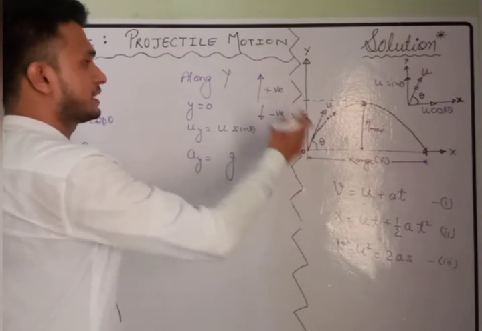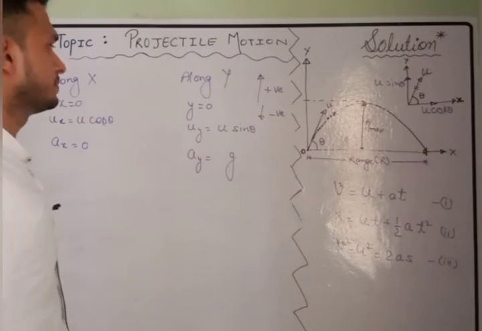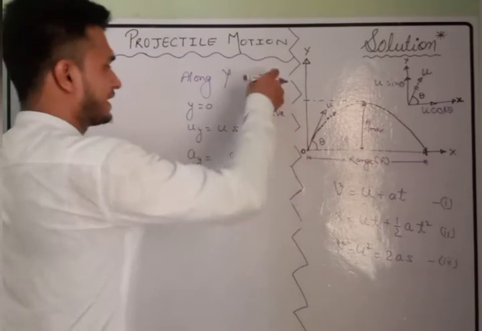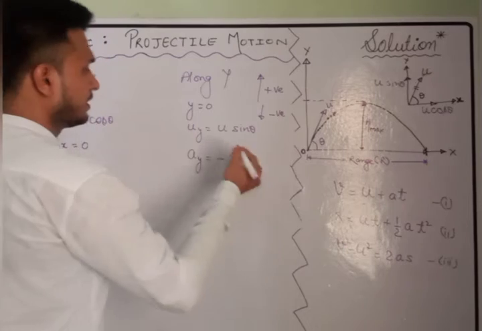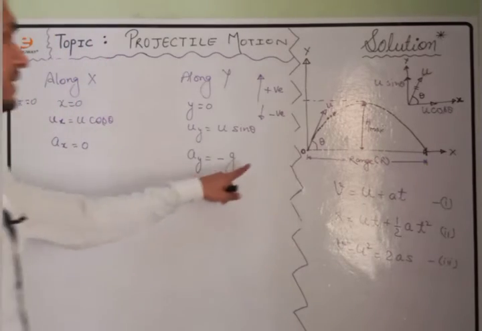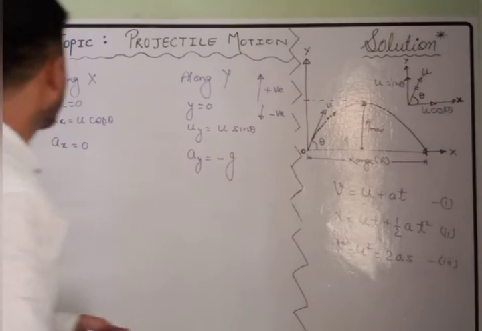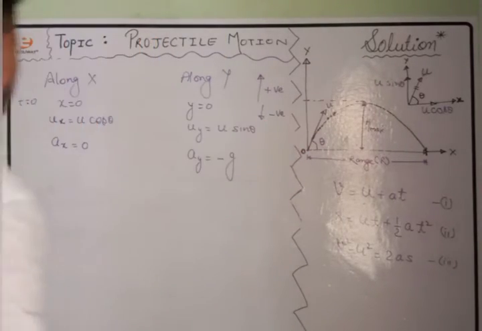The velocity component u sin theta is in the upward direction, so it will be positive, while gravity acts opposite to the y direction, so its value will be minus g. So acceleration along y is minus g. This is how we have resolved the two-dimensional problem into two different directions.